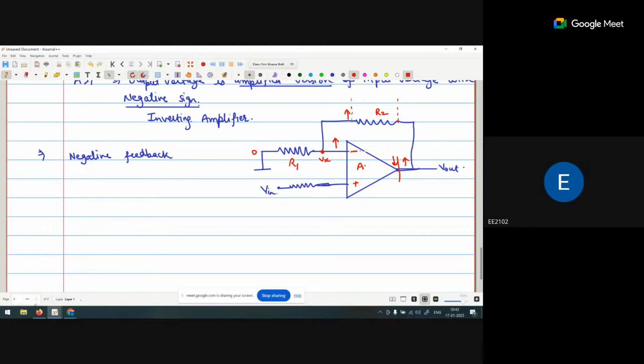So the current will be flowing in this way. V out is the voltage because we apply the input voltage, so we are getting the V out voltage that is greater than 0, and this terminal is the negative, grounded. So this particular terminal is a higher potential, and this terminal is a lower potential. So current will be flowing in this way.